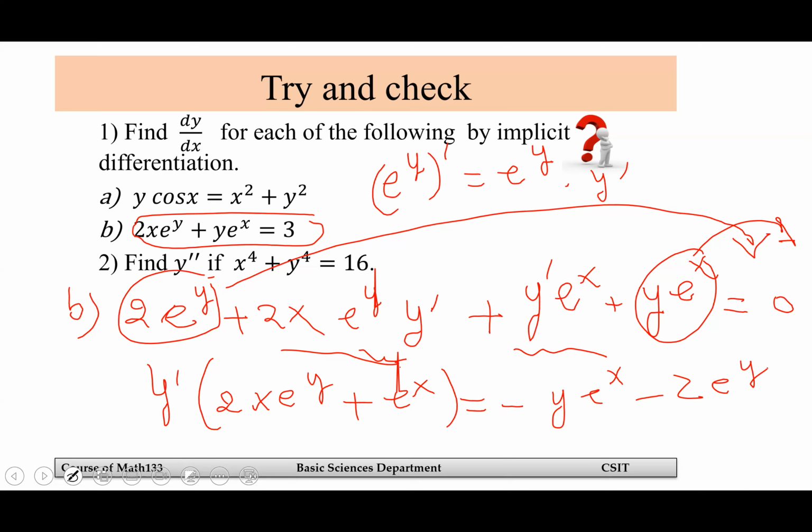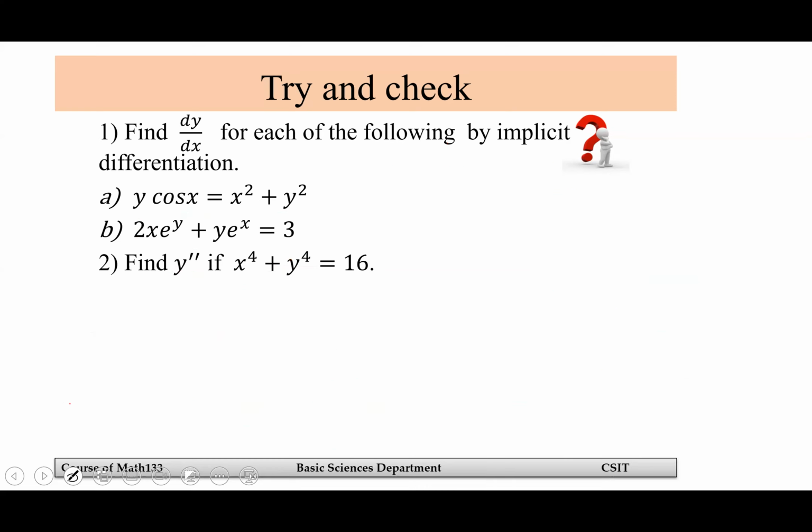Finally, we divide by this quantity and you will get y prime. That's it. Okay.